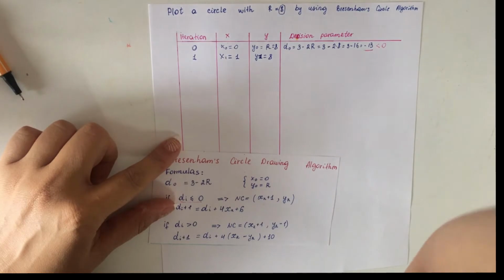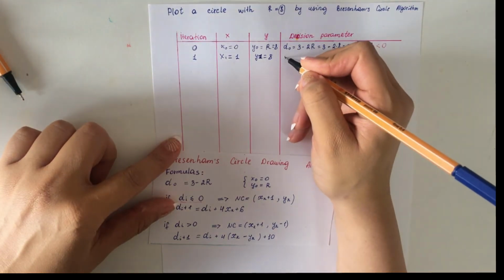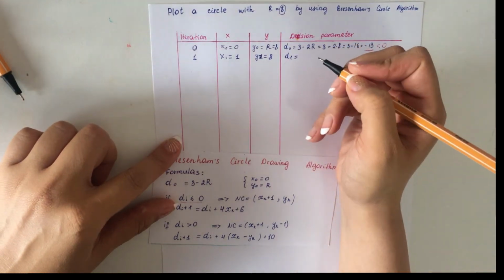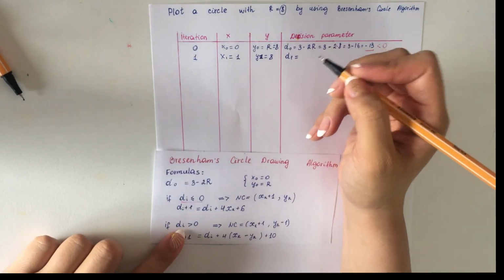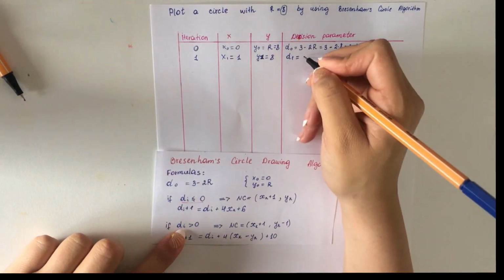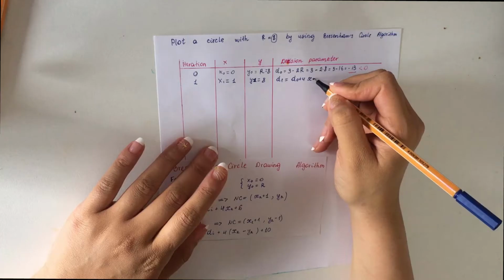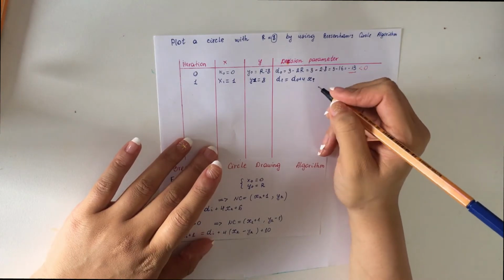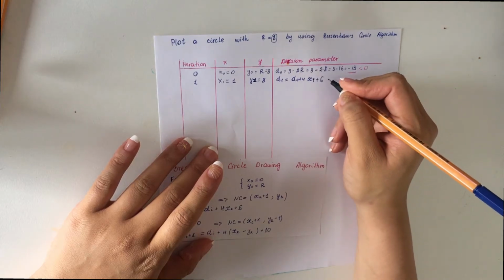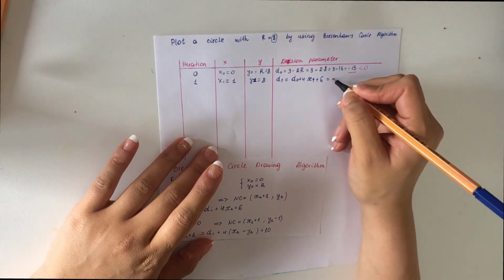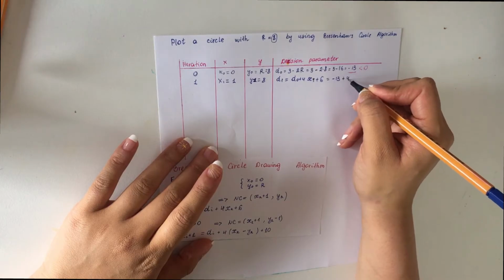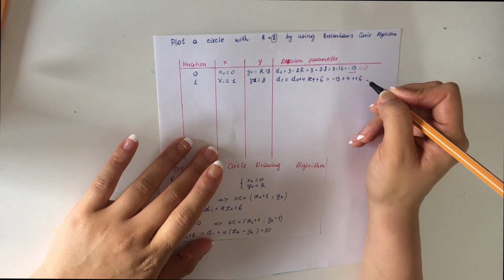Now we will continue with the algorithm in order to calculate the next decision parameter. According to the previous condition, we will choose the first formula, because the previous value of the decision parameter was less than 0. So this is our formula, and we will calculate it.